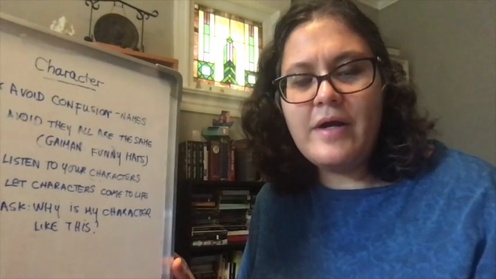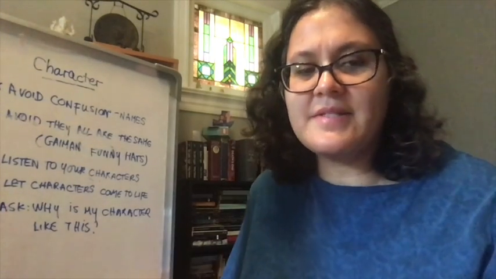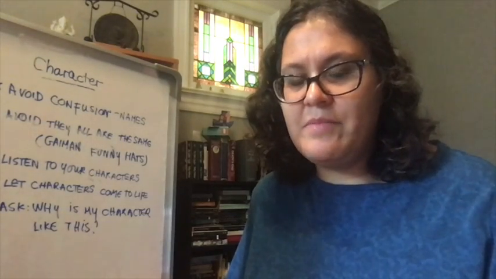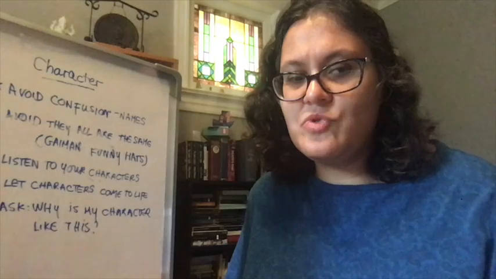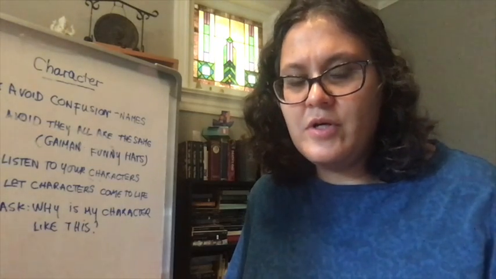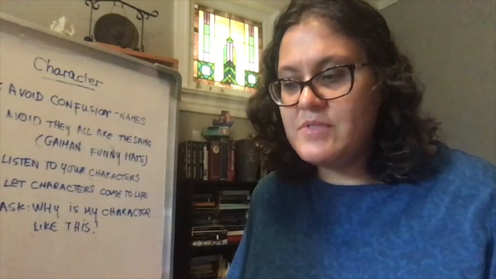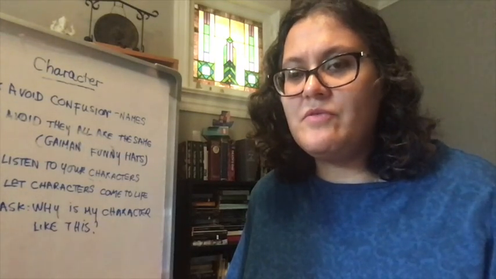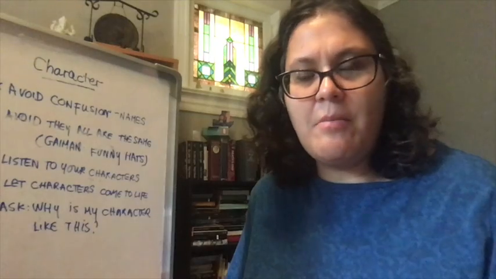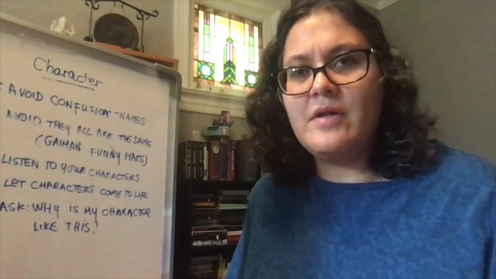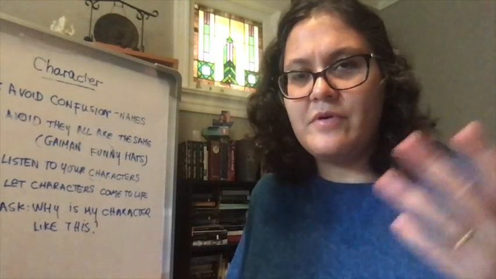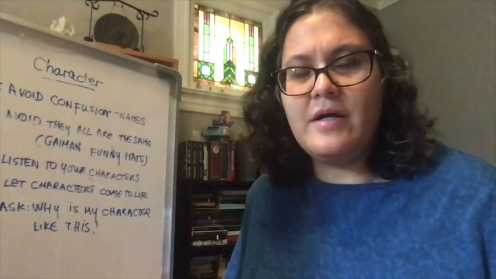Okay, so now a little bit about characters. The main thing to keep in mind, actually, the basic thing, is to avoid confusion. Many people would like to give their character several names. Let's say your character is called Michael Kaplan, lieutenant at the Galactic Army, who's also the dad of somebody.